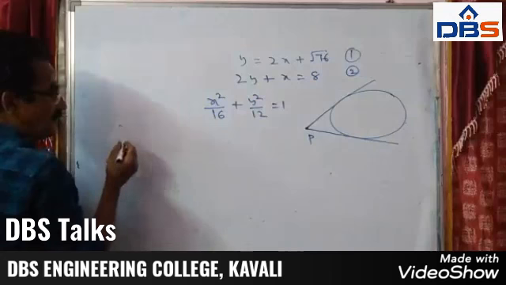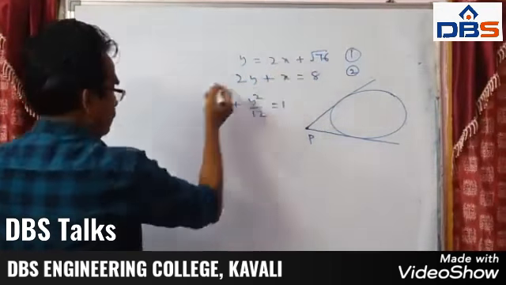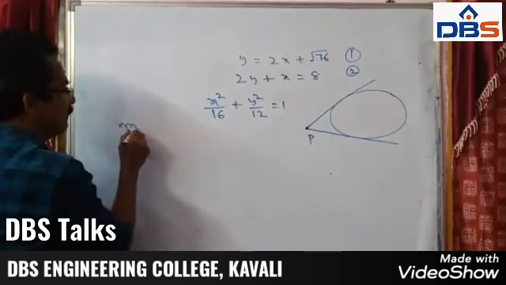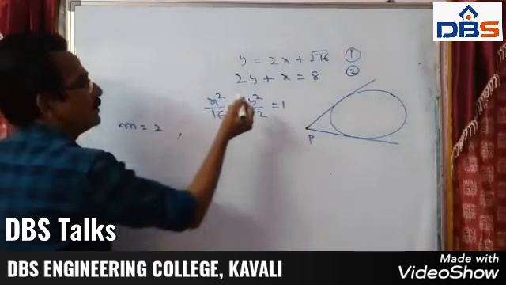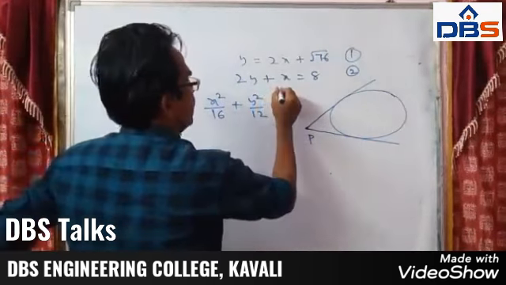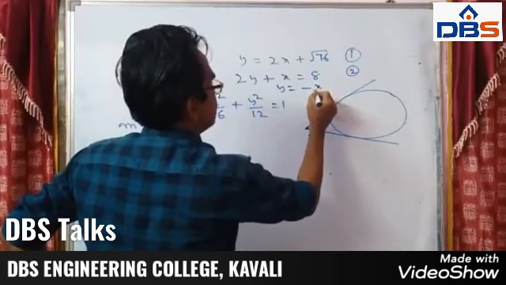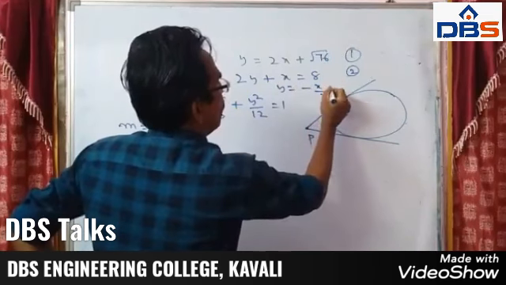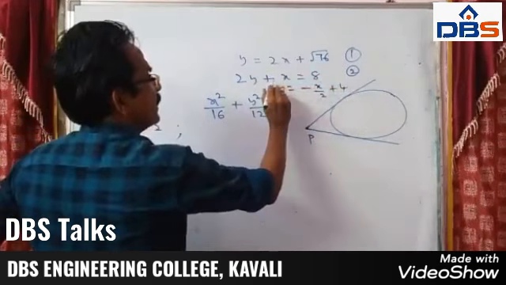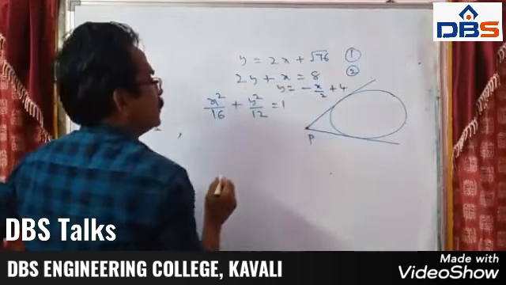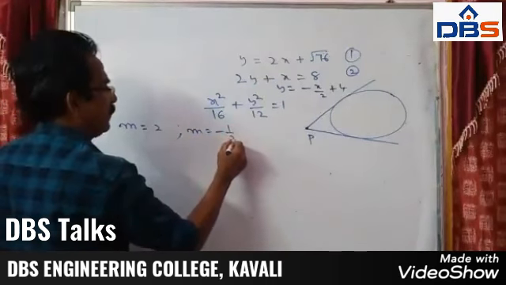The slope of the first equation, that is y is equal to mx plus c, so the slope of the first line is equal to 2. The second line can be written as y is equal to minus x by 2 plus 4, so the slope of the second line is minus 1 by 2.